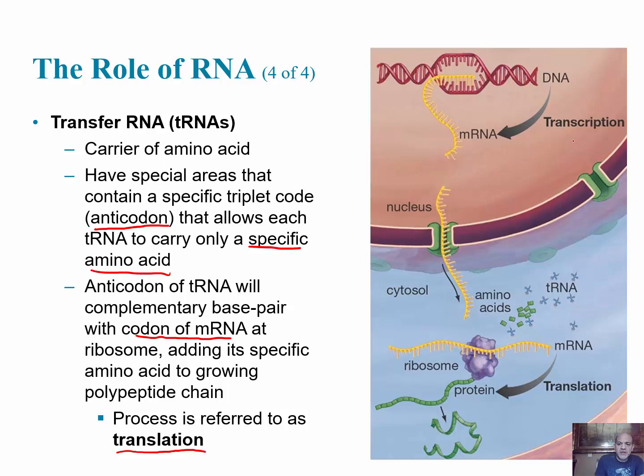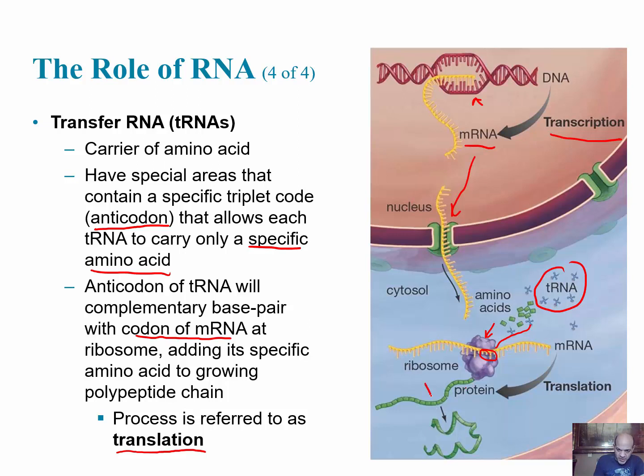So looking over here, we covered transcription, where we take our template strand on DNA and make our mRNA. Then the mRNA passes into the cytoplasm and finds our ribosomal RNA in our ribosome. And then you're going to have your tRNAs that are going to be bringing in, based on the codons, the 3-letter sequences on the mRNA, the tRNA will match up its anticodon, bringing in the correct amino acids.